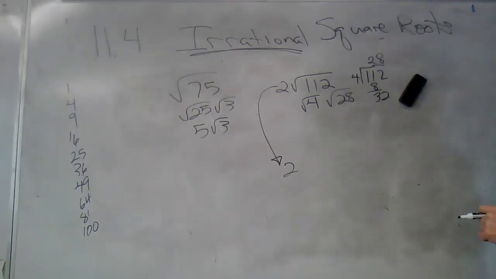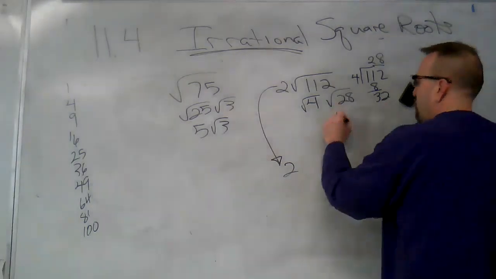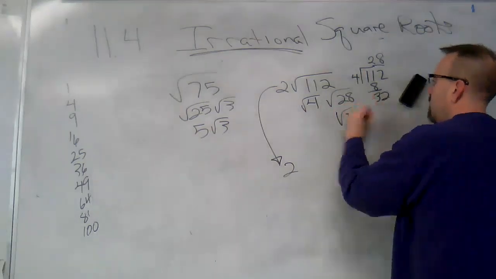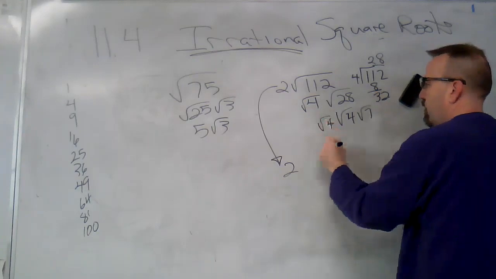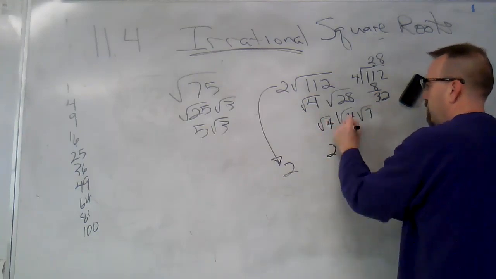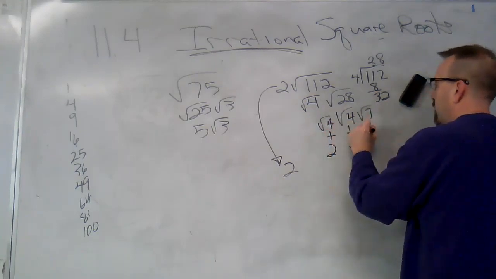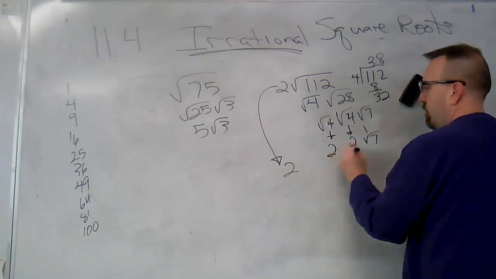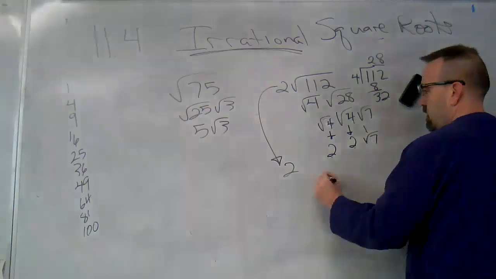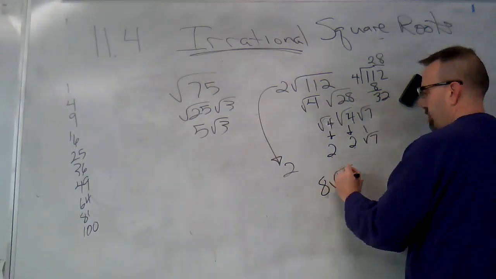What could go into 28? 4 and 7. So we're going to bring all these down. Square root of 4 is 2. Square root of 4 is 2. And then that's radical 7. So now we have 2 times 2 times 2, 8 radical 7.